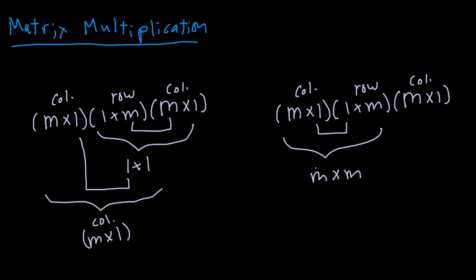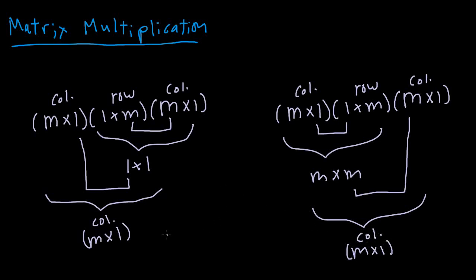And now, contracting this m with this m, multiplying this square matrix by a column vector, the end result is an m by 1 matrix, aka a column vector. And by associativity, we know that these two things are exactly the same.